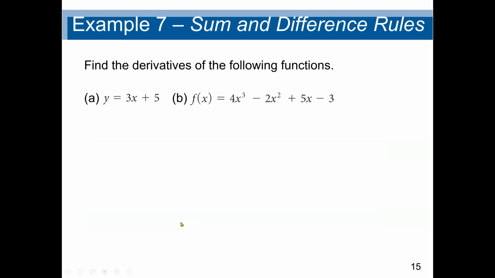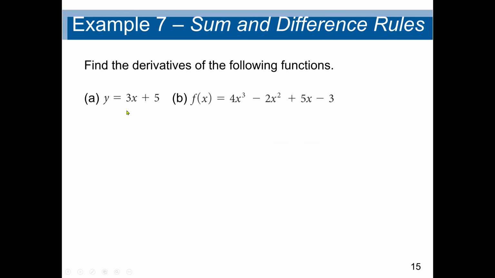So let's see some examples. We have y equal to 3x plus 5. We already know the constant rule, and we know the rule for a coefficient with a variable. So x means the exponent is 1. So I'll bring the 1 to the front of x, and I'll subtract 1 from 1.